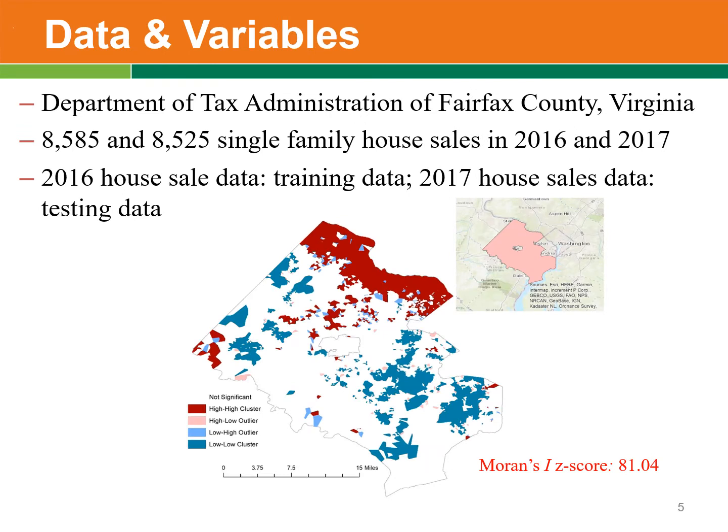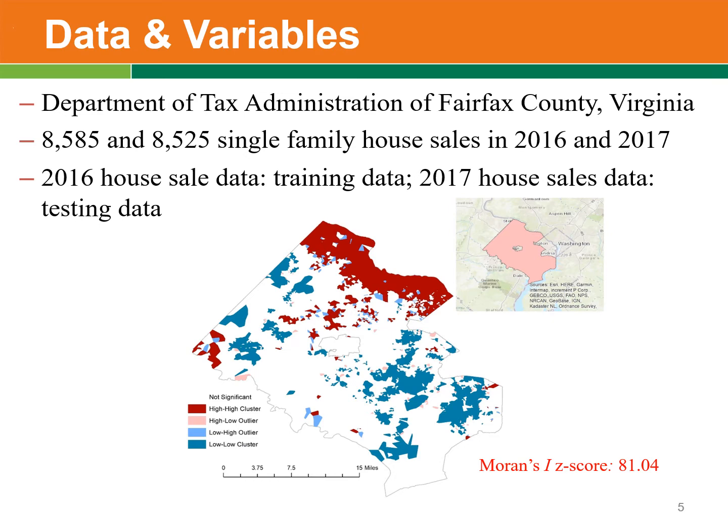The house price data was collected from the Department of Tax Administration of Fairfax County, Virginia. It contains more than 8,000 single-family house sale records in 2016 and 2017, respectively.